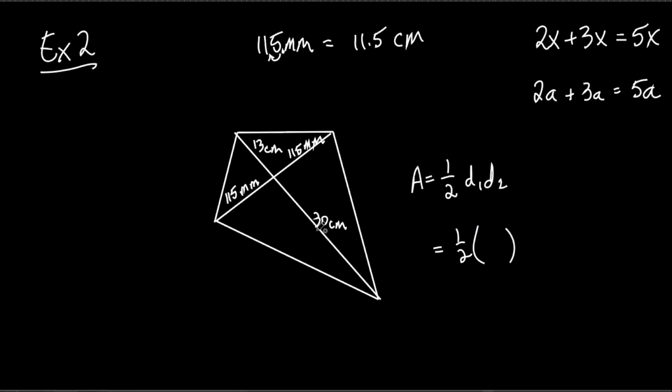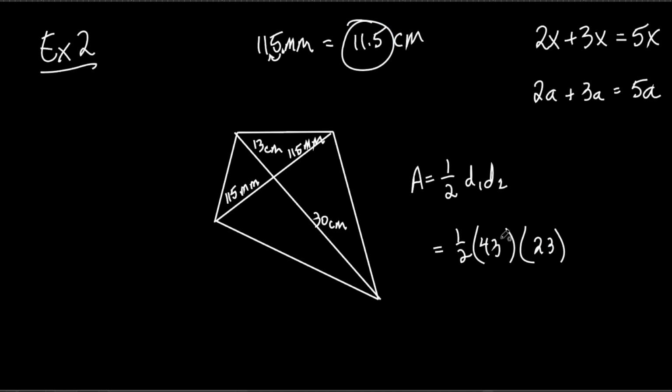D1 is this whole thing, so you add them up. That's 43. Everybody see where we got that? Then D2, which is from here to here. How do we figure that out? We're not adding 115. I guess you could and then change that to centimeters, but instead just add this to itself. So that would be 23.